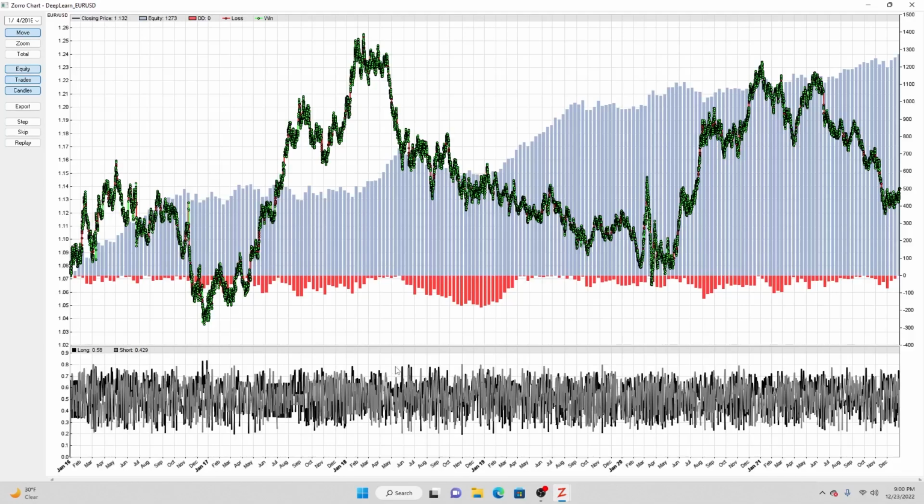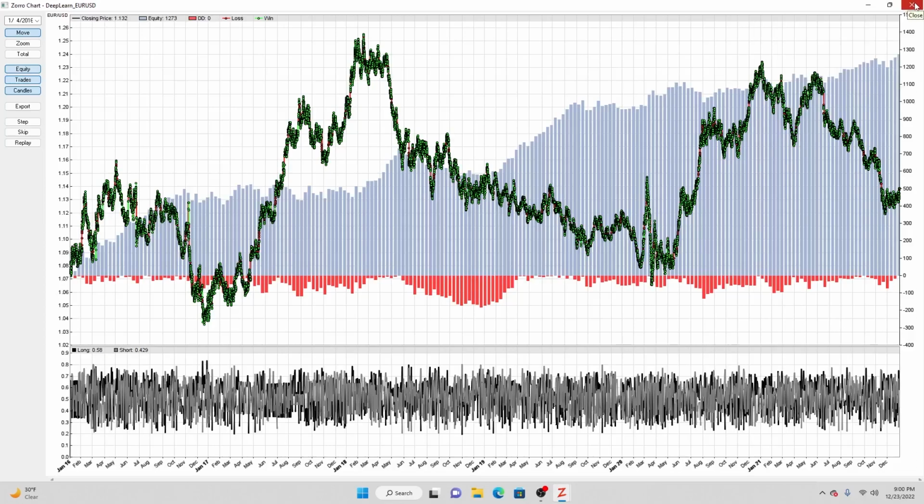So here you have the buy versus sell. I think the black line is the go long signal, the gray line is the go short signal. So here are the signals and here are the trades, and you can see that we are trading a lot. The equity curve looks beautiful. It's really, really nice.